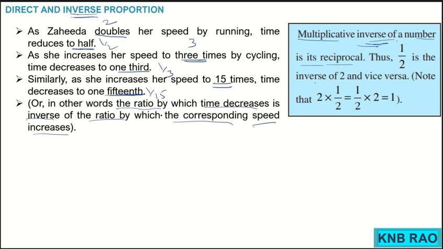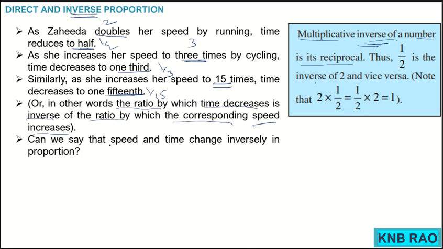So, the ratio by which time decreases is inverse of the ratio by which the corresponding speed increases. Children, can we say that speed and time change inversely and they are inversely proportional, right? Certainly we can say that speed and time change inversely.